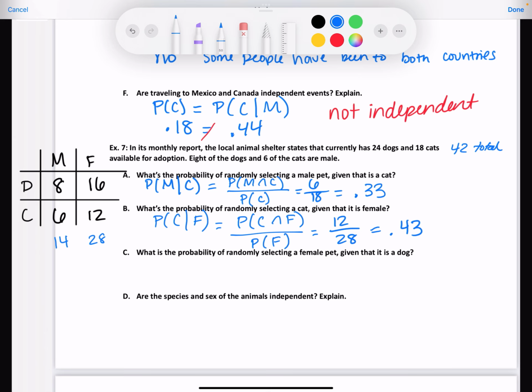All right, what is the probability of randomly selecting a female pet given that it's a dog? How did I set that one up?